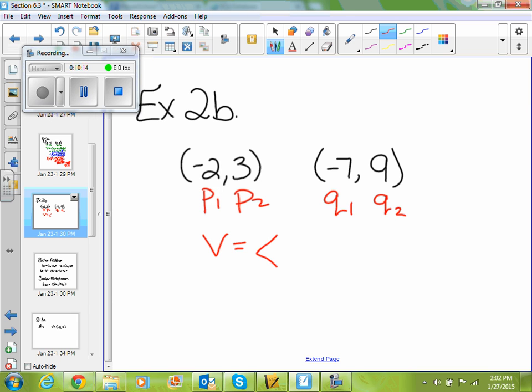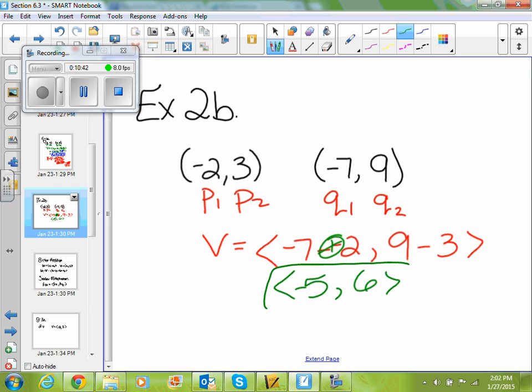So to find my vector form, I take my Q1, which is -7, minus my P1, which is -2, and then my Q2, which is 9, minus my P2, which is 3. Alright, well, minus negative becomes a plus. -7 plus 2 is -5. 9 minus 3 is 6. So my vector form is <-5, 6>.